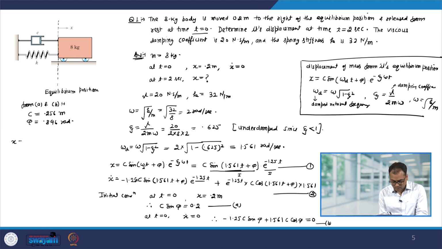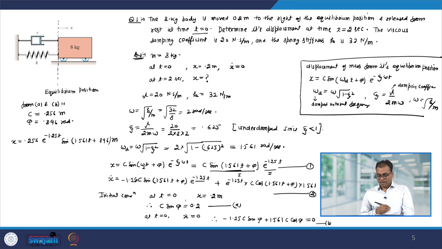So, x comes out to be 0.256 e to the power minus 1.25 t into sin(1.561 t plus 0.896) meter. And we have been asked to find x at time t equal to 2 seconds. So, let us put t equal to 2 seconds, then x comes out to be minus 0.0161 meter.